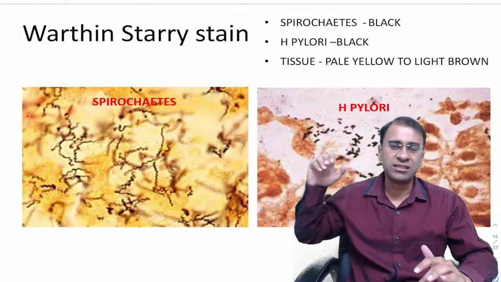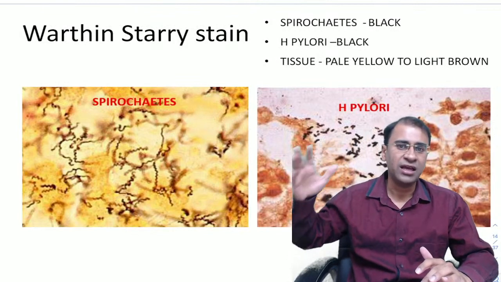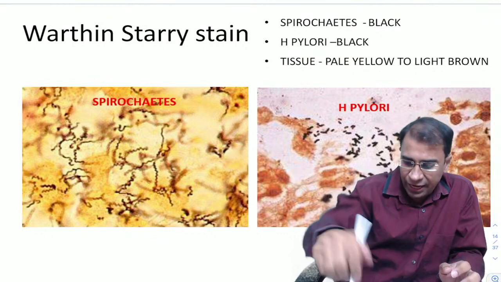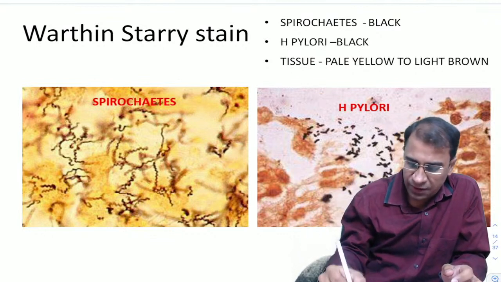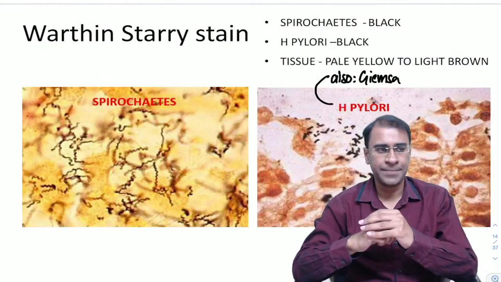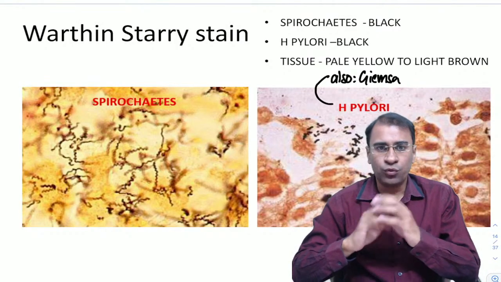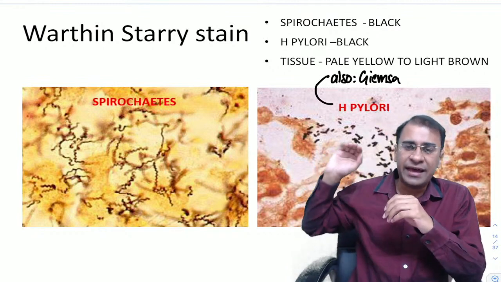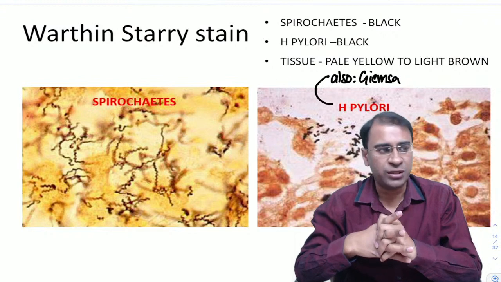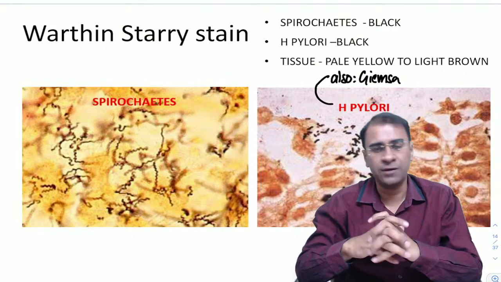Okay. Then there are spirochetes, which are stained by Warthin-Starry, and H. pylori can also be stained by Warthin-Starry. Not to forget, H. pylori can also be stained by the Giemsa stain. So Warthin-Starry, here I was telling about H. pylori, which can also be stained by Giemsa.